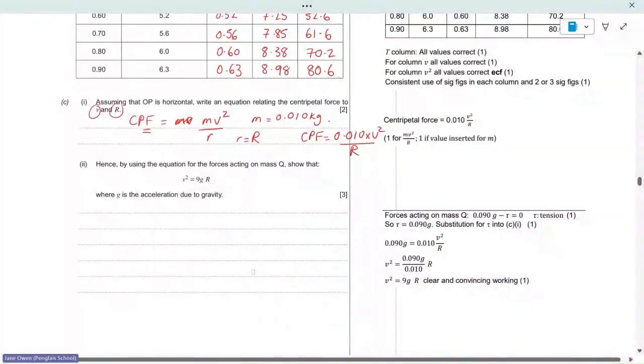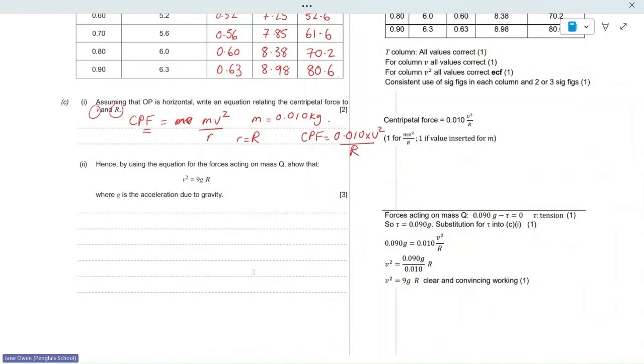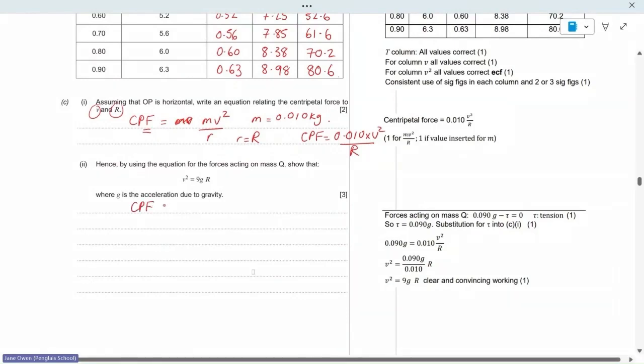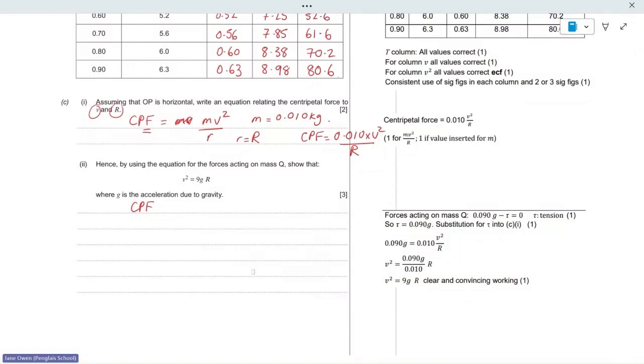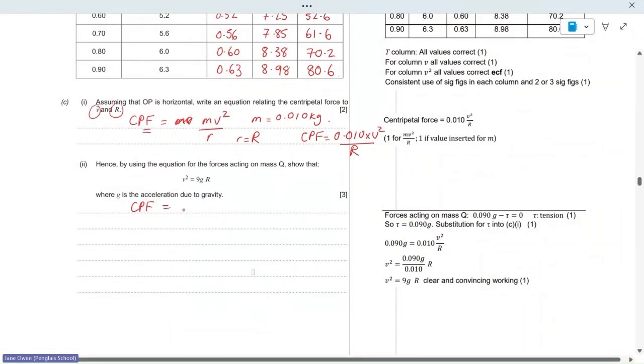Hence, by using the equation for the forces, the centripetal force is equal to, yes, we know it as 0.01 times V squared over R, but that is being provided by a real force, which is the weight of the mass hanging down, which is equal to mg.